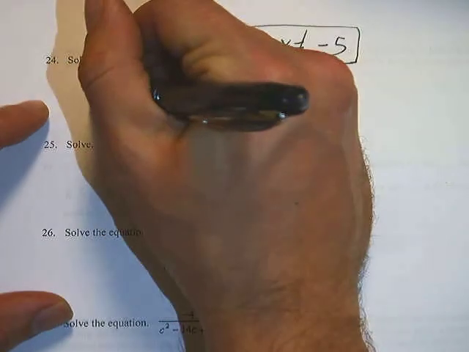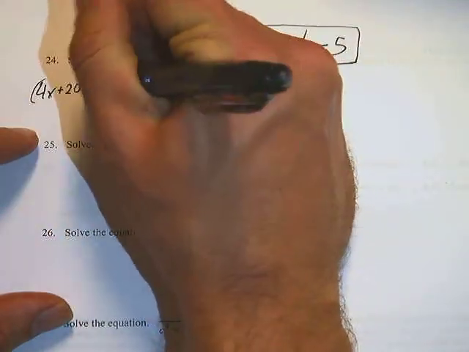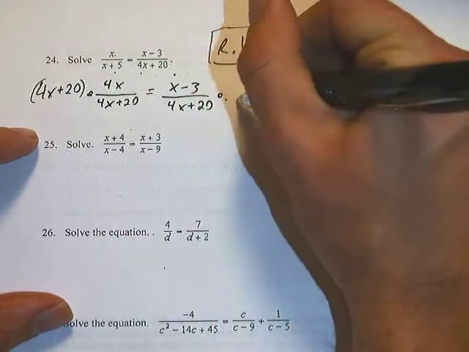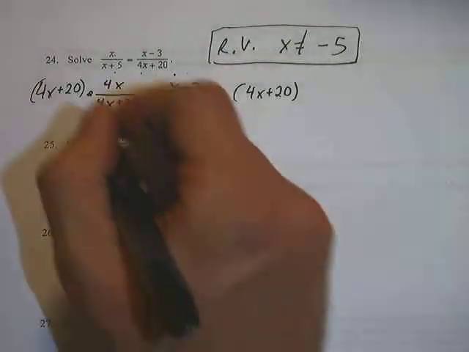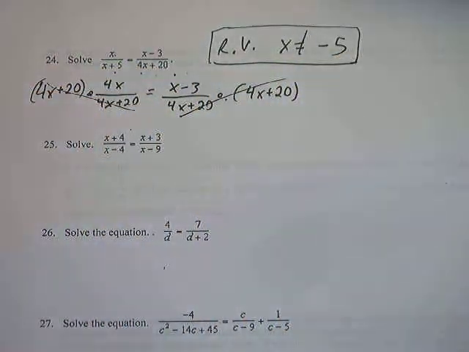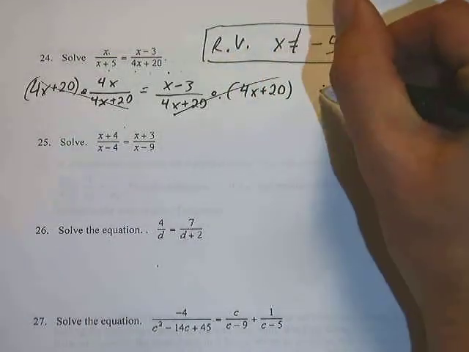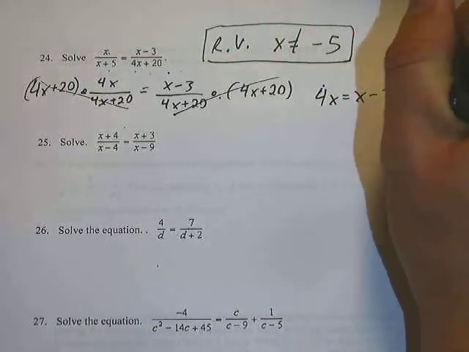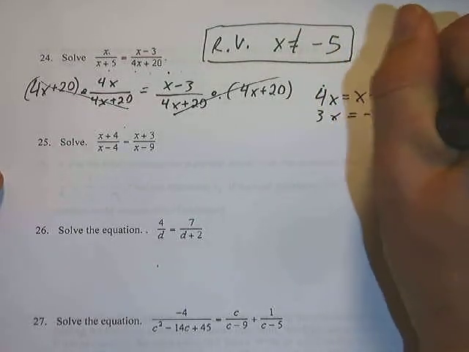The reason I did that is since the denominators are the same, if I just multiply by that common denominator on both sides, 4x plus 20, remember in algebra, whatever you do on one side, you must do to the other side. Hopefully you see that these things are just going to cancel out, leaving us with 4x equals x minus 3.